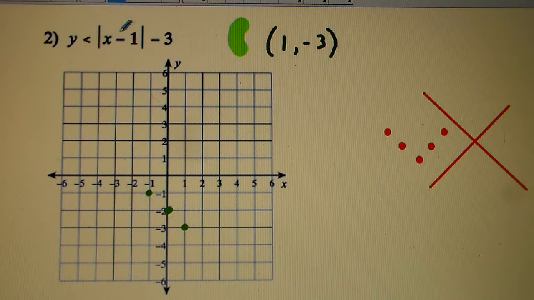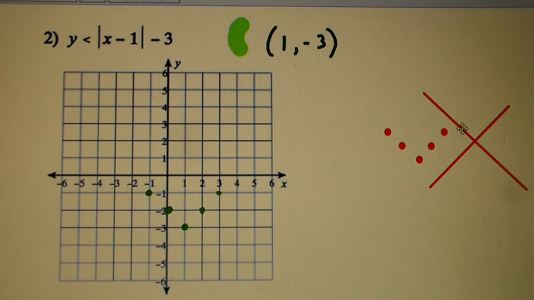Then we plug in 2. 2 minus 1 is 1. Absolute value of 1 is 1. 1 minus 3 gets you negative 2. And then we plug in 3. So 3 minus 1 gets you 2. The absolute value of positive 2 is just positive 2, and positive 2 minus 3 gets you negative 1.